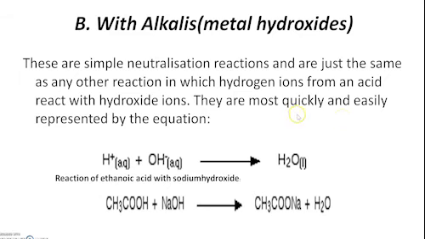They are most quickly and easily represented by the equation. This equation is called ionic equation. It means that from acid, hydrogen ions come out and from alkalis, OH minus ions. And as a result of this, they form water.